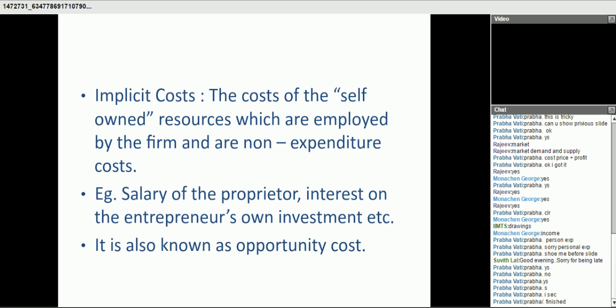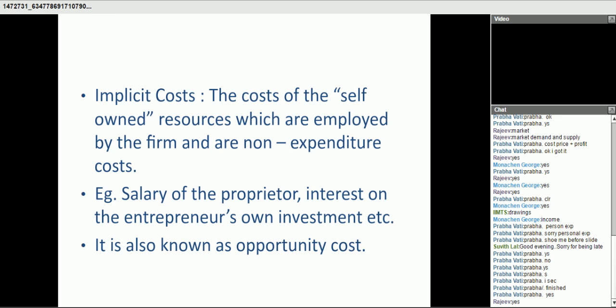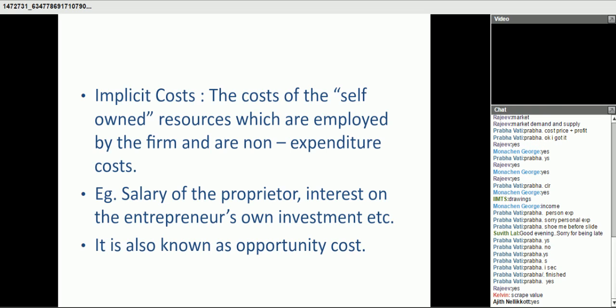Depreciation means whenever a machinery is used, it will deteriorate with passage of time. So in business, we make provisions for that depreciation. That is treated as a business cost, as a business expense, and we make accounting procedures for that. So depreciation is an example of implicit cost. It is a hidden cost.